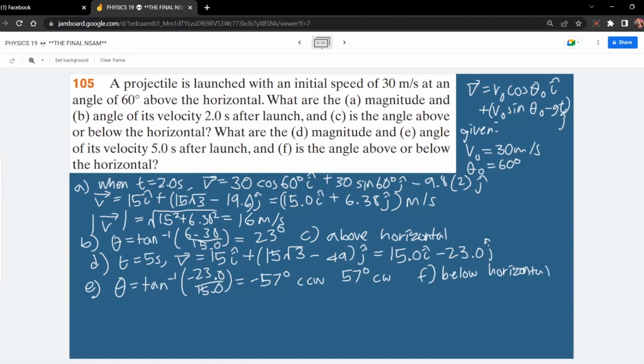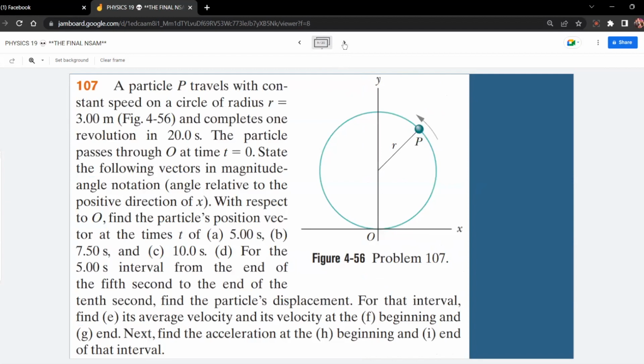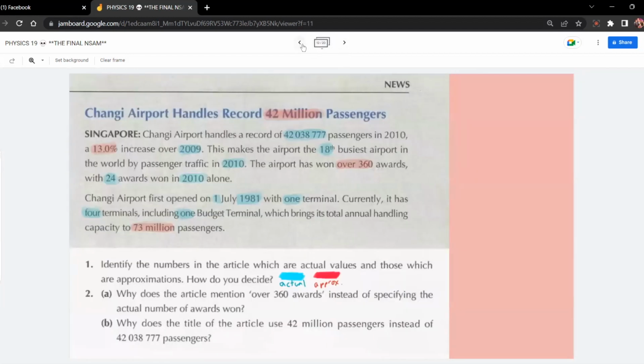Okay, so 57 degrees below horizontal. Okay. So, yung next. So, nagawa na yung 105 no? So, let's take note.